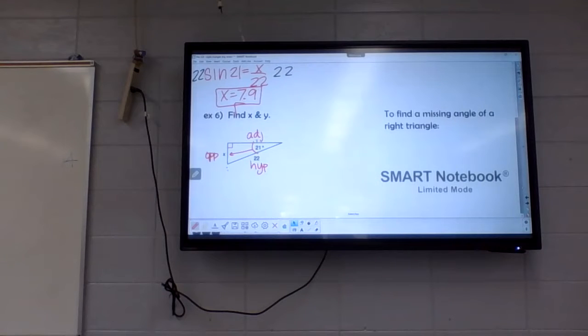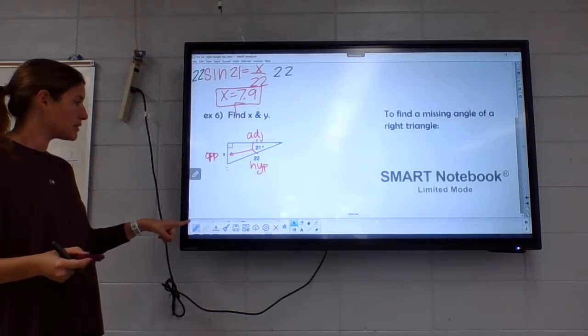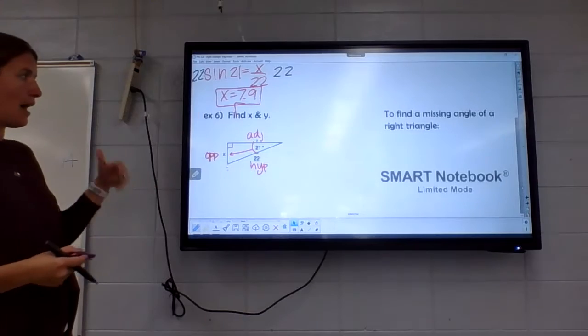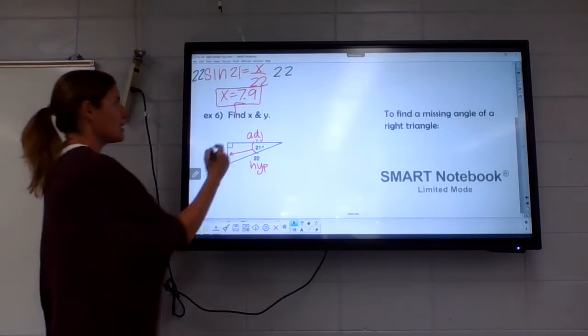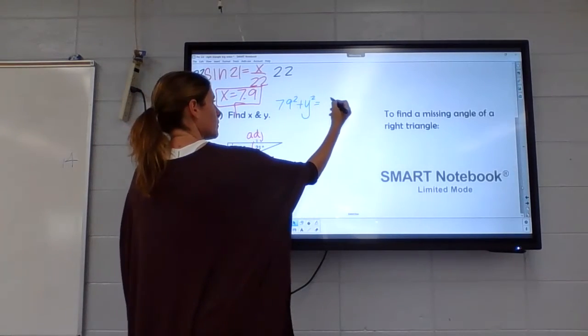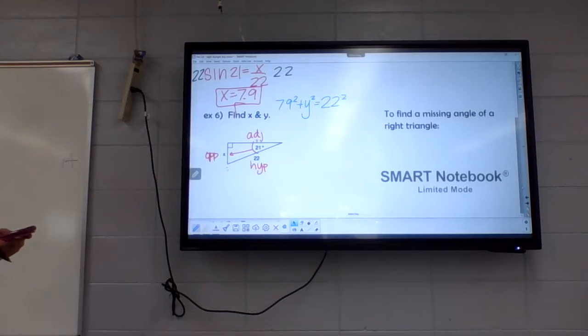And then once I have that, I can find my adjacent, but this time I'm going to have to use, if I use Pythagorean theorem, I would need to make sure that my c is 22 and not y. So like be careful with that. So I'm going to do 7.9 squared plus our y squared equals 22 squared. So again, when I do 22 squared minus, I'm going to do that and then take the square root.